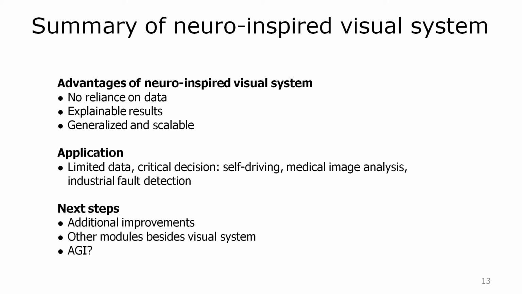With its unique advantages, this system is especially suited for critical applications with limited data, such as self-driving cars, medical image analysis, and industrial fault detection. For the next steps, the system could be improved to handle more complex applications by incorporating additional capabilities such as texture, depth, and motion perception.